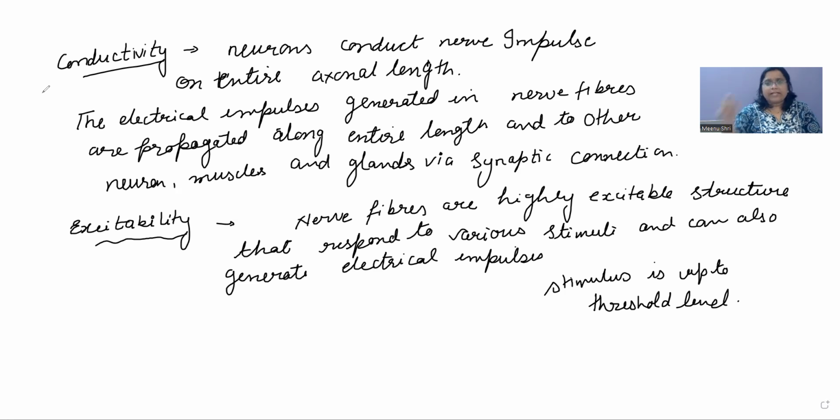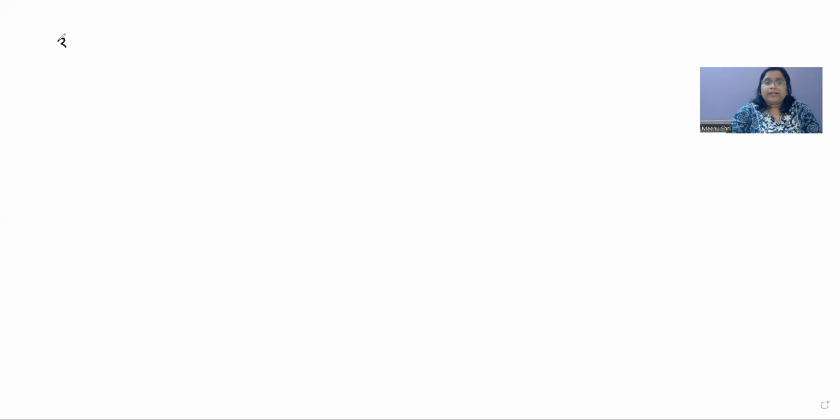Take the screenshot so that I will add the new slide. Now, the third one is the refractory period. What does the refractory period mean? Suppose a neuron is busy conducting an impulse.